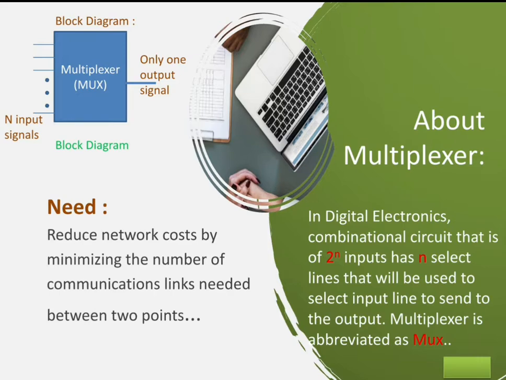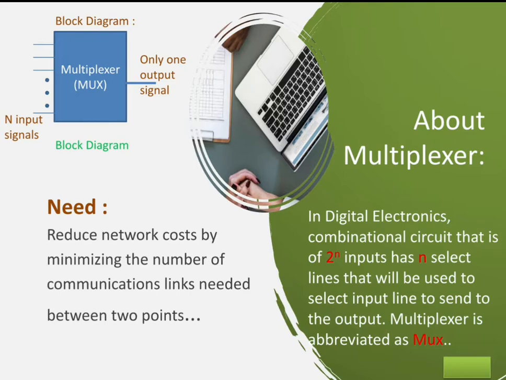Means only one input is selected as output. You have to remember that. We have so many inputs, means 2^n inputs we are having, and with the help of n selection lines we are selecting only one input as our output.